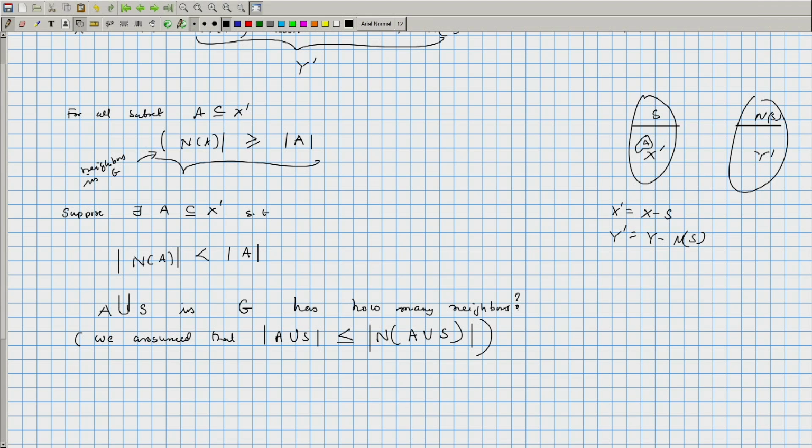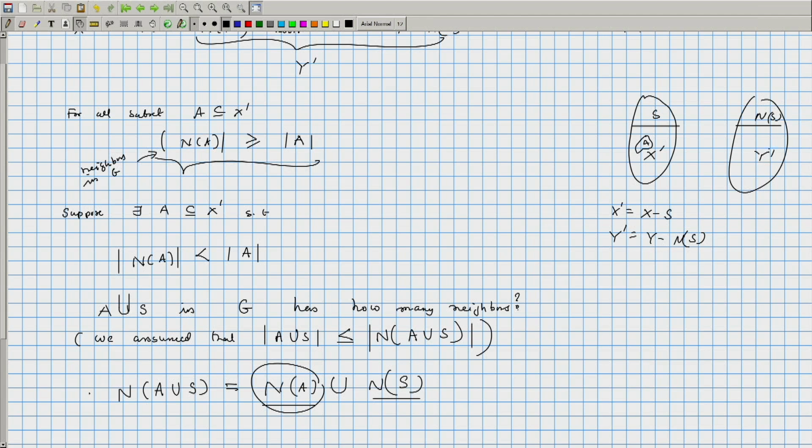When you look at N(A), A is a subset of X prime, so we are looking at the neighbors in Y prime. So the set N(A union S) is equal to the neighbors of A union the neighbors of S, and this is a disjoint union. Clearly every element of N(S) has to be there in the neighbors of A union S, and clearly the neighbors of A also have to be in this collection.